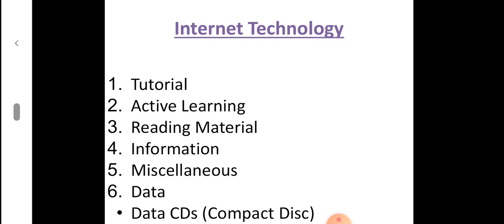Research institutes, educational institutes, etc. buy such CDs for their studies and research in economics.